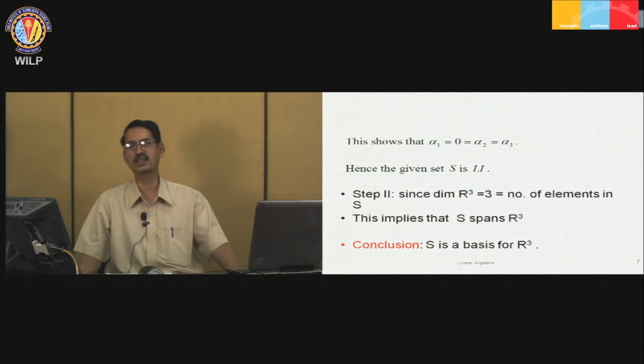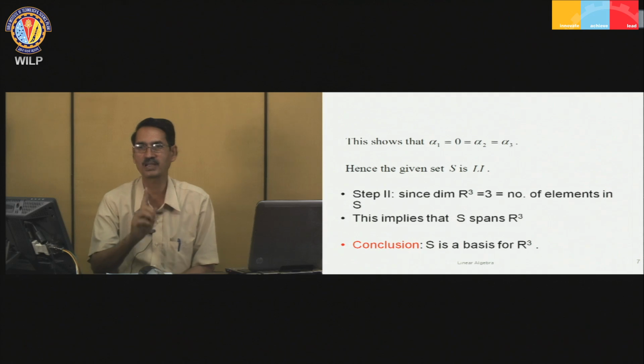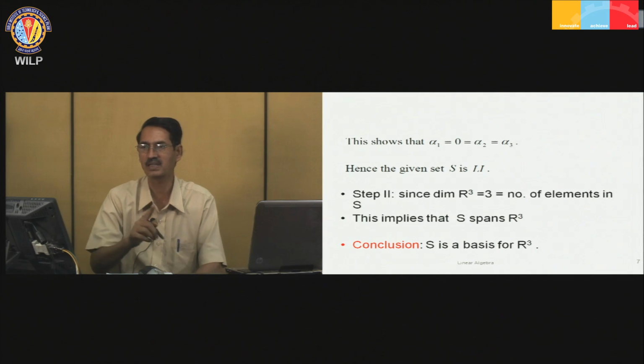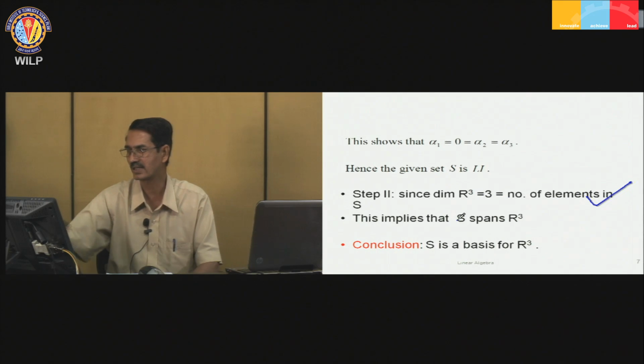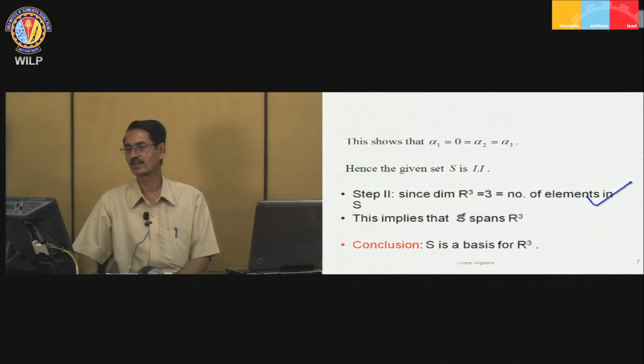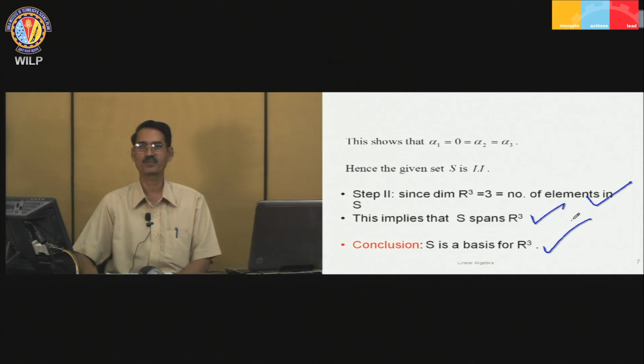Therefore S is linearly independent. As I have told you, we shall not check that S spans V. It follows from this fact, step 2, that the dimension of R3 is 3 and that is equal to the number of elements in S. Therefore S spans R3 and hence S is a basis of R3. That is the final conclusion.